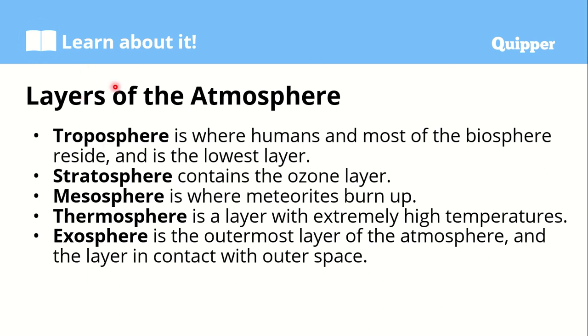Now, for you to be able to remember the layers of the atmosphere, we will use a mnemonic. You may use the mnemonic, the smart man takes the elevator. The T in the signifies troposphere. The S in smart pertains to stratosphere.